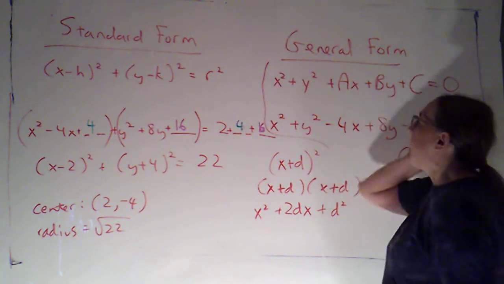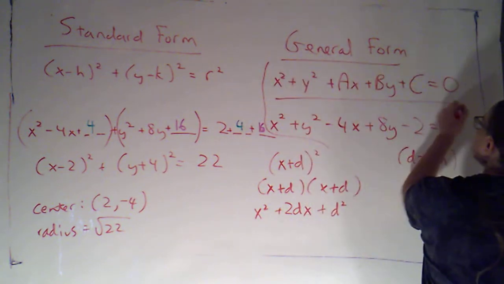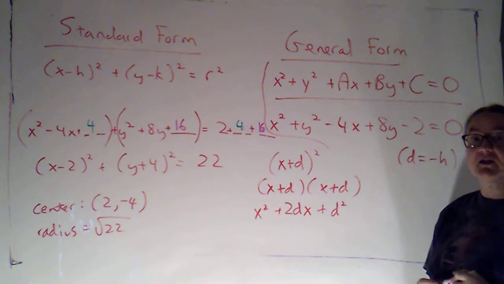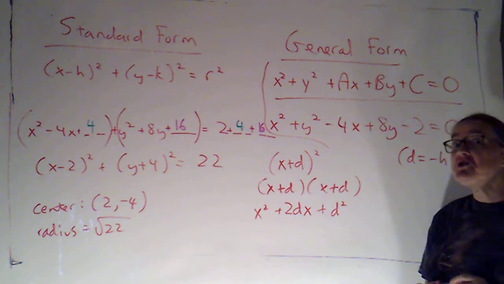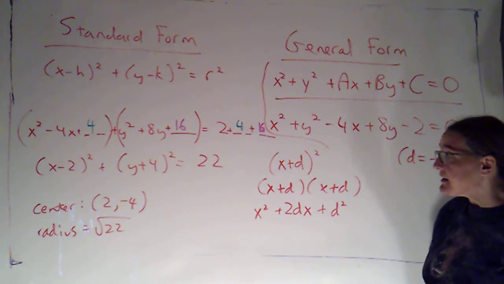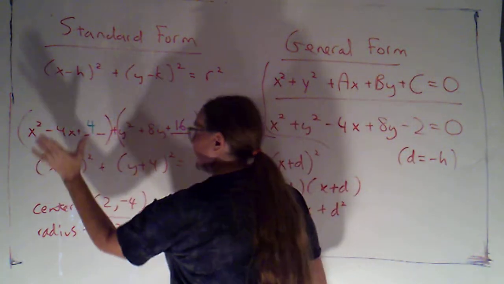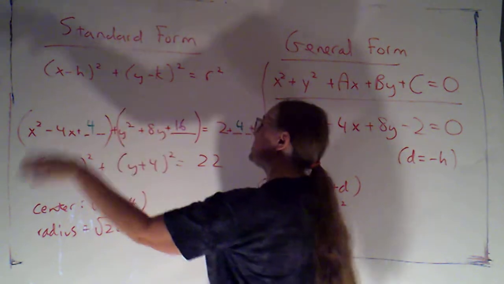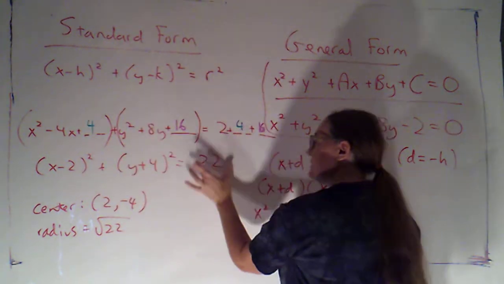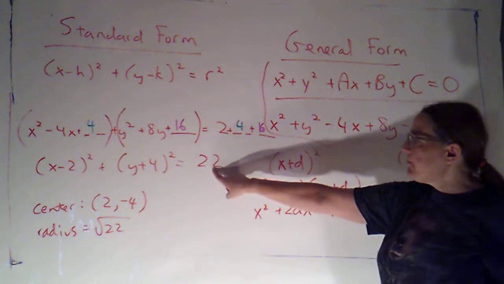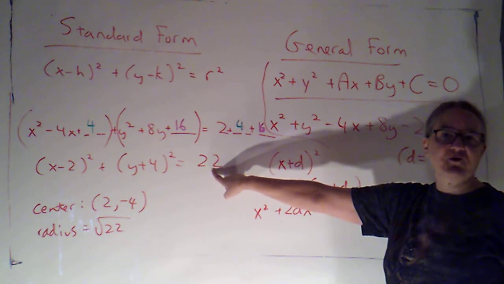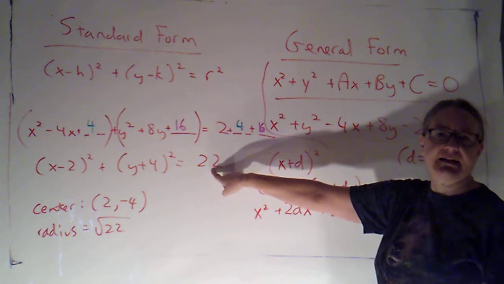Okay. Now, will an equation like this always give me a circle? The answer is no. Because when we completed the square here, we were able to get x minus a number squared plus y minus a number squared equals a number. But that number has to represent my radius squared, which means it has to be positive.